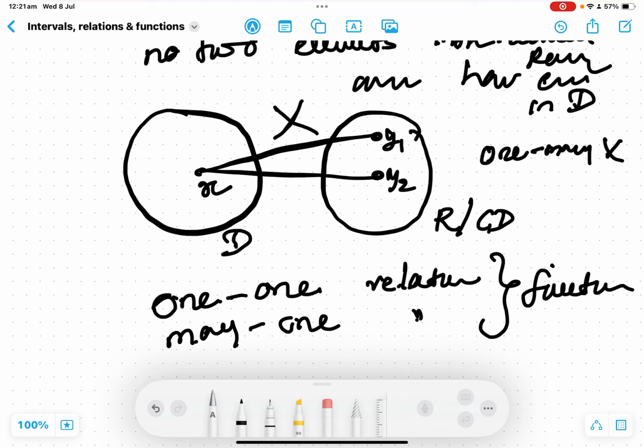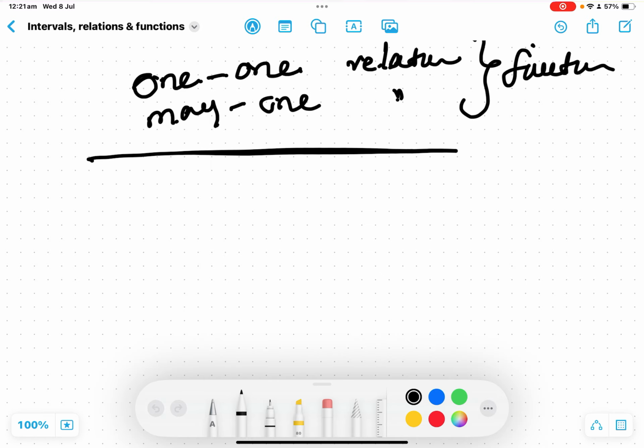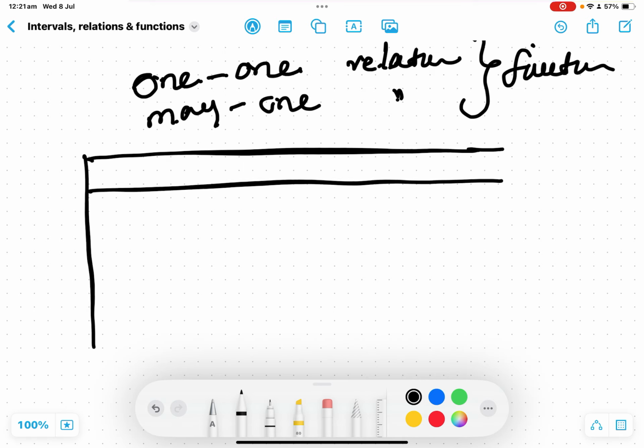Okay, let's make a kind of a table and see.